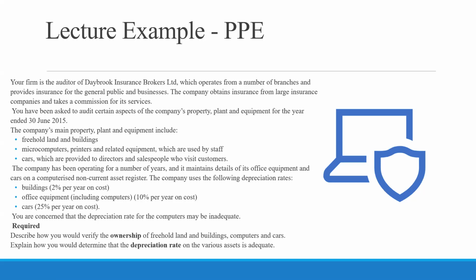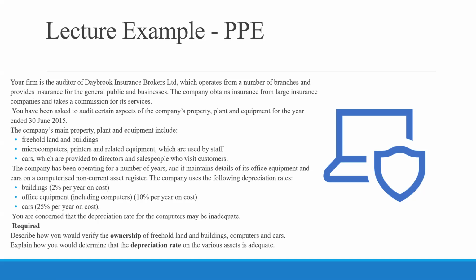So for computers, do you adopt the straight line or the accumulated depreciation? On cost means the straight line depreciation. I think it'd be diminishing value. Yeah. Right. Okay. So the computer depreciation is not adequate.